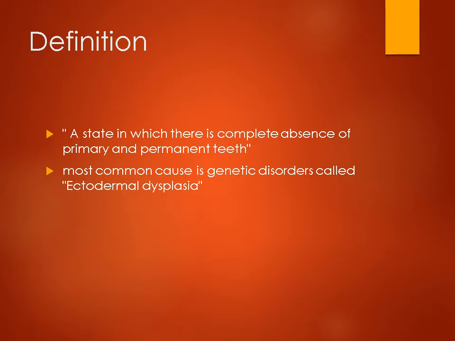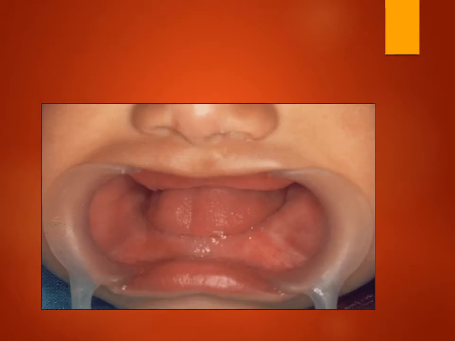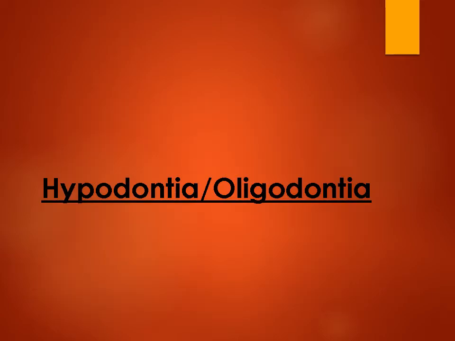It usually leads to hypodontia, but in very rare cases it can lead to anodontia as well. Here is a picture showing a patient with complete absence of teeth, or you can say the patient is suffering from anodontia.